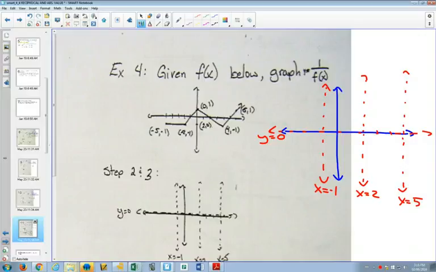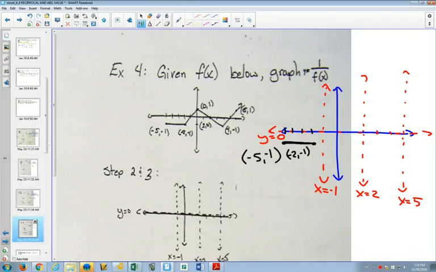If we look at some of our points, -5, -1. That'll become 1 over -1, which will stay the same. Can you see that -2, -1 will also stay the same? In fact, this whole section will stay a straight line right there, because all of those y values are 1.